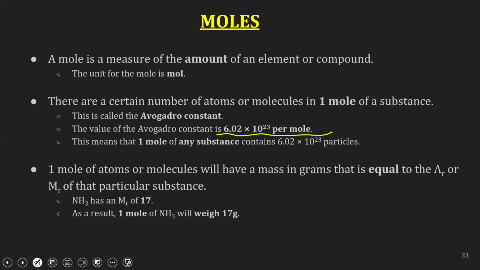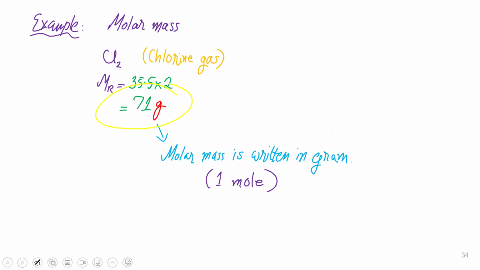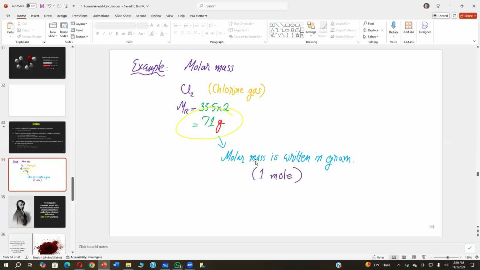Remember that the Avogadro number is a criterion for these things, because the Avogadro number shows the number of particles in 1 mole of any substance. First we have to find the molar mass. Is that not relative atomic mass?